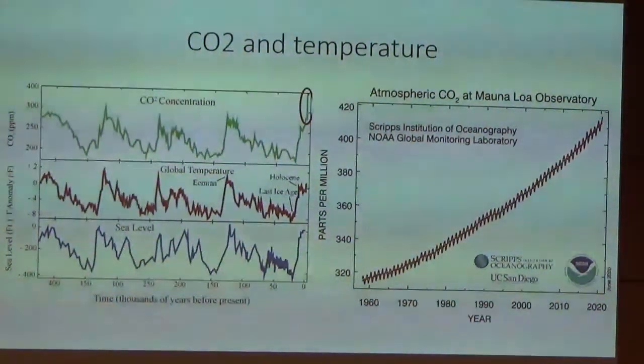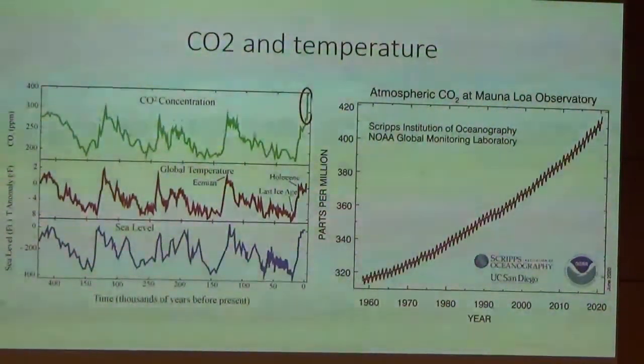These data are, of course, quite old. It's almost 500,000 years back in time. All the data, I guess, have been collected by different means, like finding air bubbles in ice cores and analyzing the CO2 contents of those.